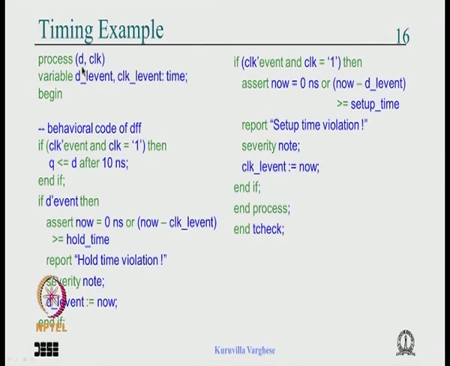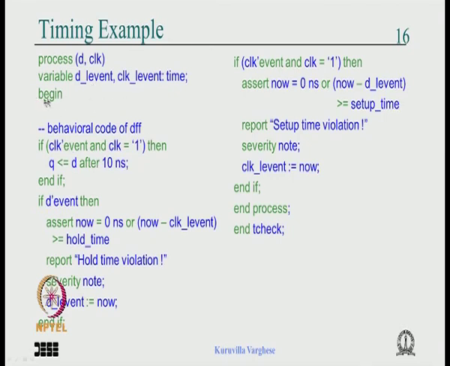Since we are checking the event on D we include D in the sensitivity list, otherwise this process will not be executed whenever there is an event on D. So we define two variables, D last event and clock last event, of type time, to remember the simulation time whenever there was an event on D and on the clock.